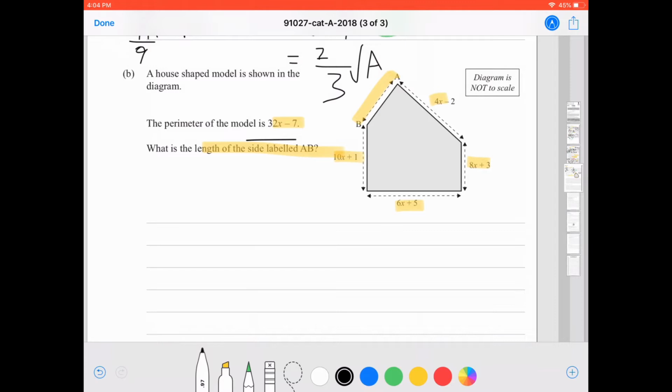In order to find length AB, we can use our perimeter equation. So P equals the sum of sides of a shape.